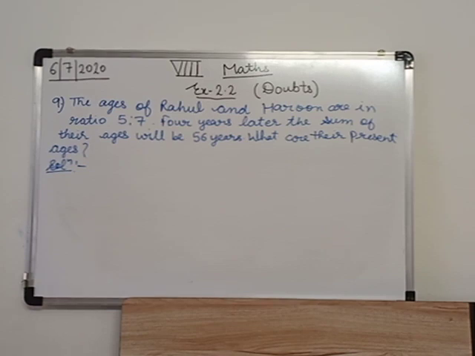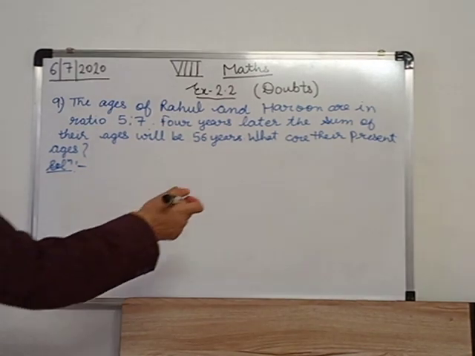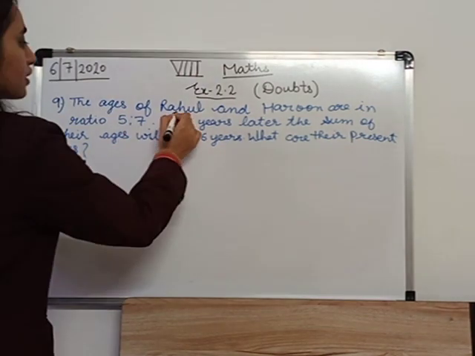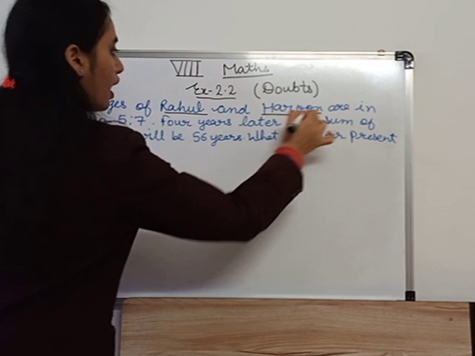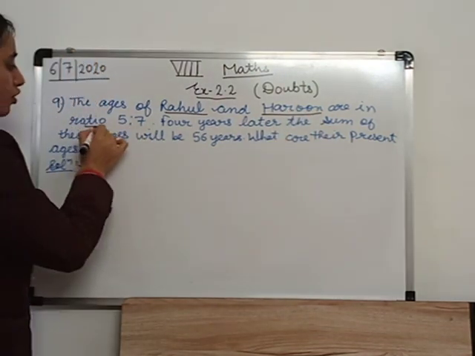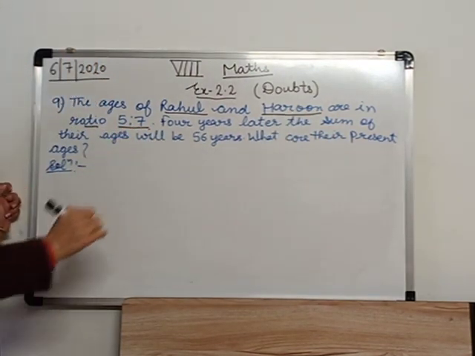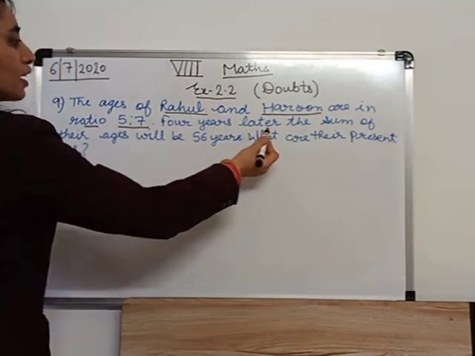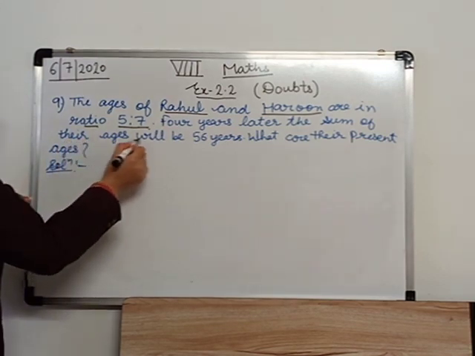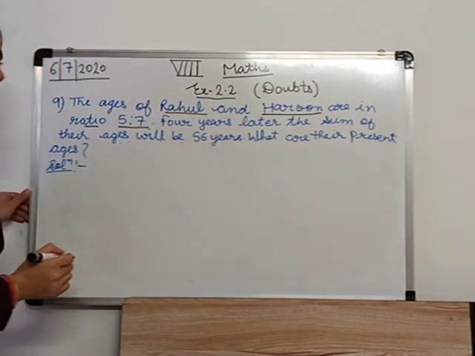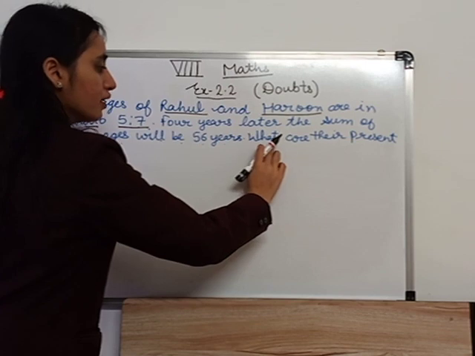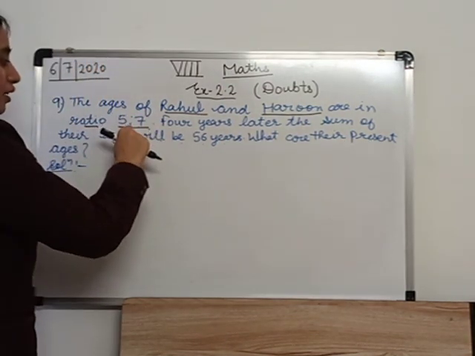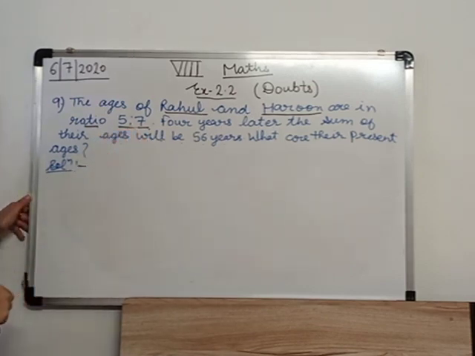The ages of Rahul and Harun are in ratio 5:7. 4 years later, the sum of their ages will be 56 years. But what we have to find? What are their present ages? And the ratio between their ages is 5:7.